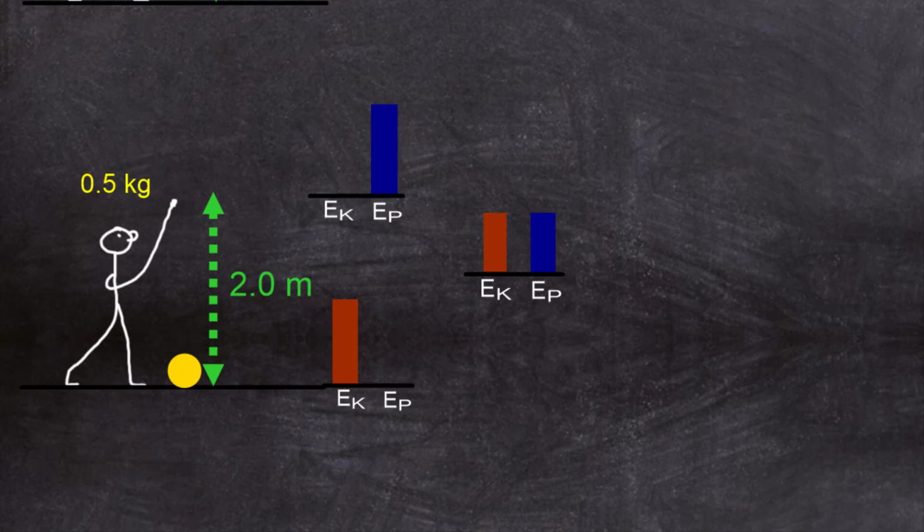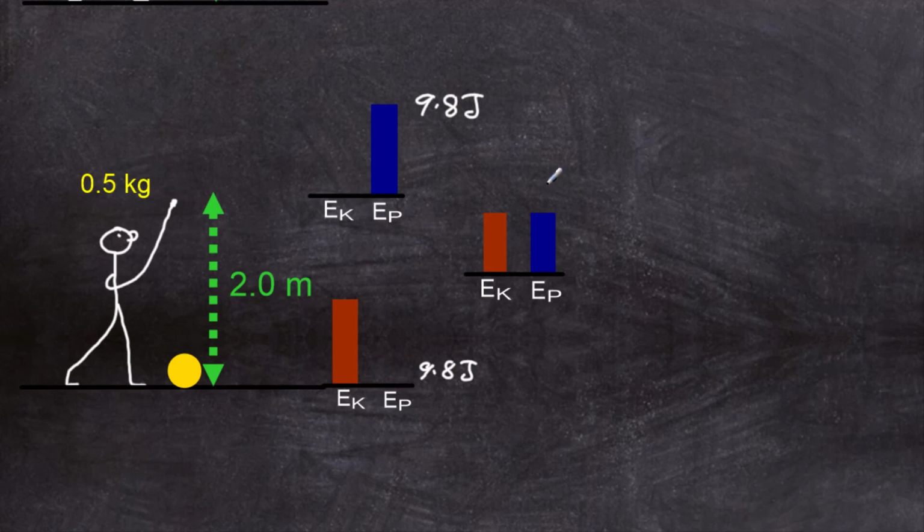Now we put numbers into that. We know that at the top, at 2 meters, the gravitational potential energy has got to be 9.8 joules. At the bottom, that gravitational potential energy will be changed completely into kinetic energy, but will have the same value, 9.8 joules.